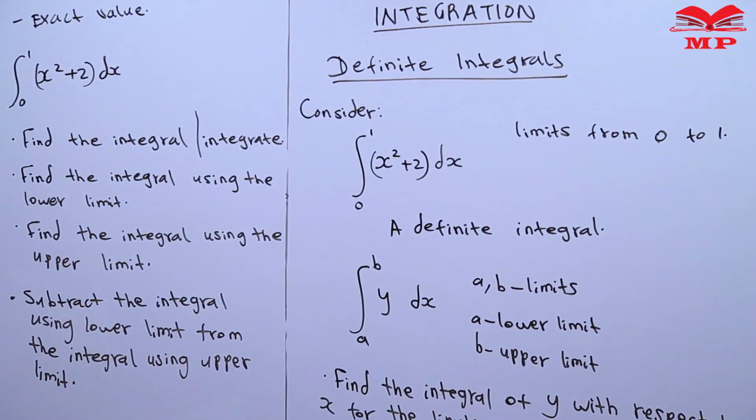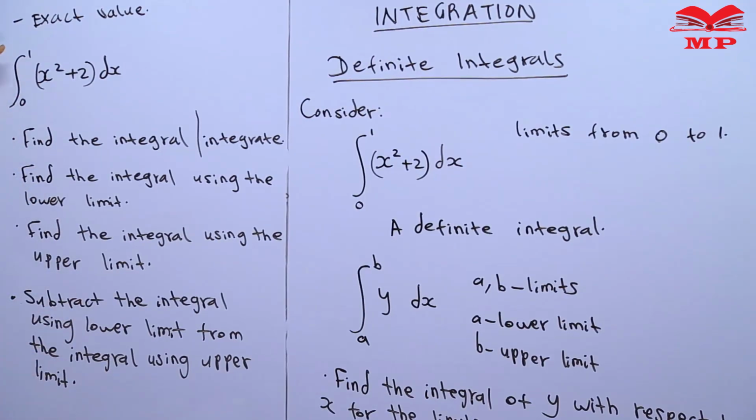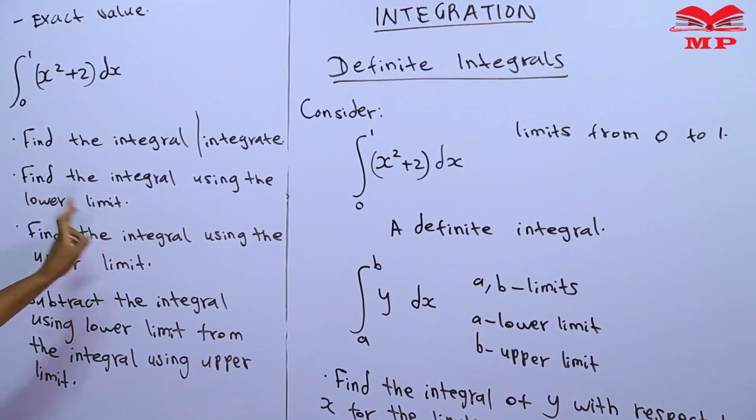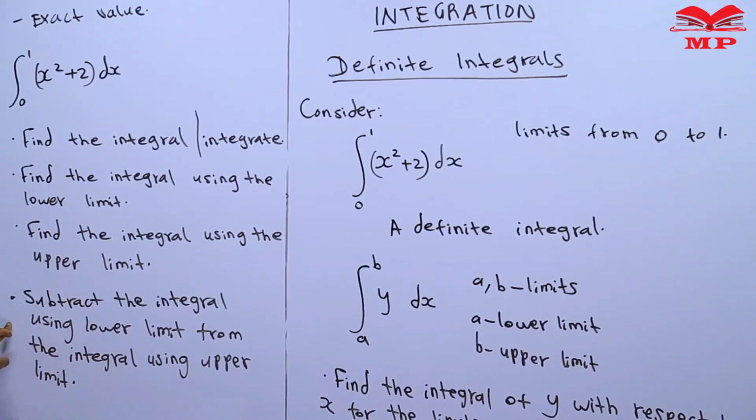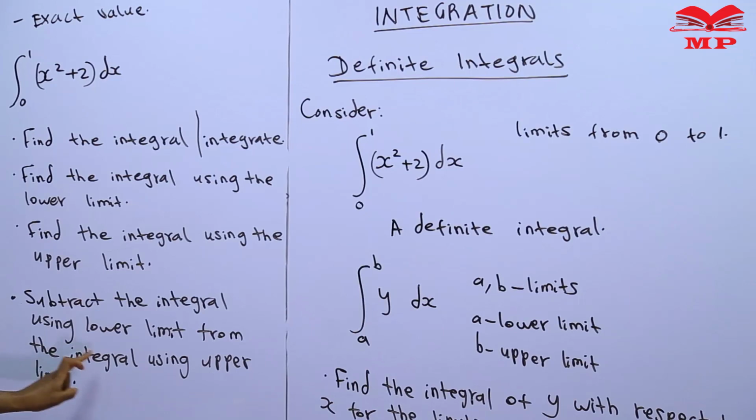And whatever we are going to get is now the exact value. So the first thing, to integrate. The second one, we find the integral using the lower limit. Then we find the integral using the upper limit. Then we subtract the integral using the lower limit from the integral using the upper limit.